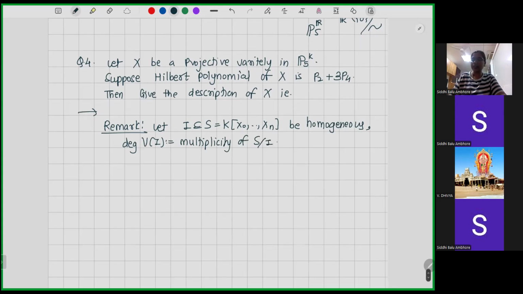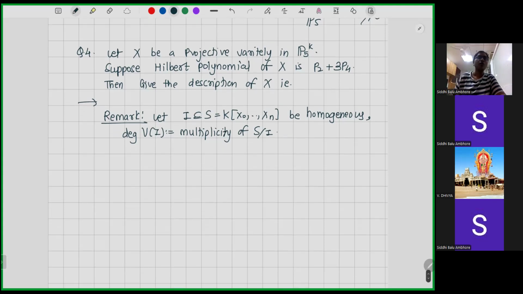In the Hilbert series, we can write it in the form of some Q(t) divided by (1 - t)^d. And that polynomial, when we evaluate it at 1, we get the multiplicity. I hope you remember the definition of multiplicity.